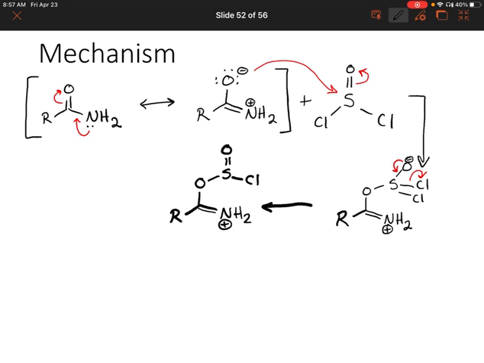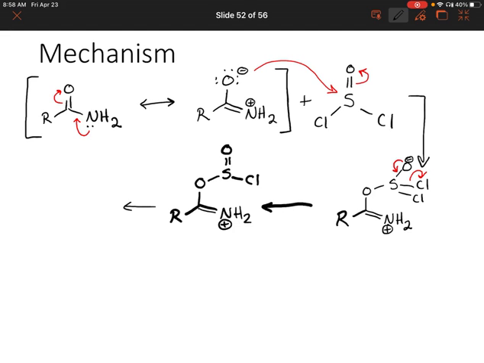Now, in the next step, we're going to lose one of the protons on nitrogen. So most likely we have some sort of base coming in, like chlorine, and it's going to come in and take one of those hydrogens from nitrogen.